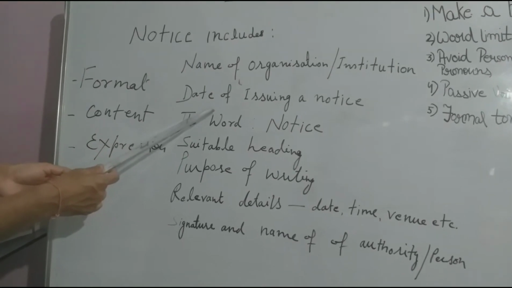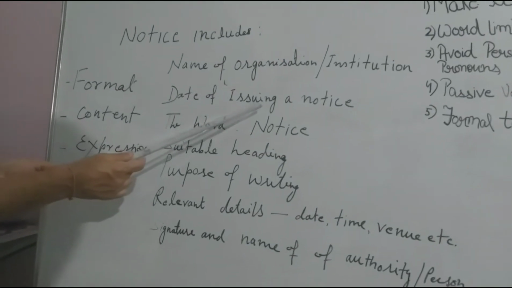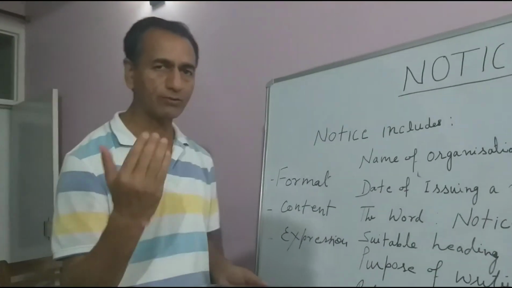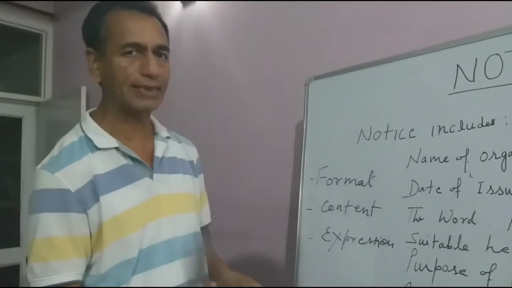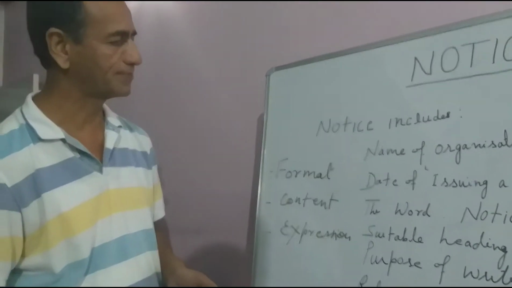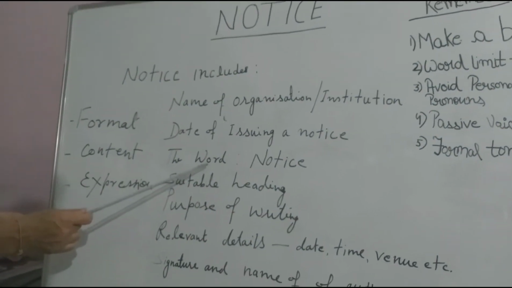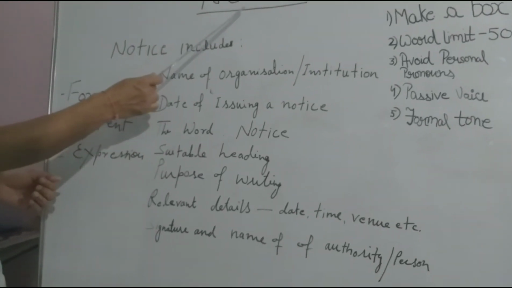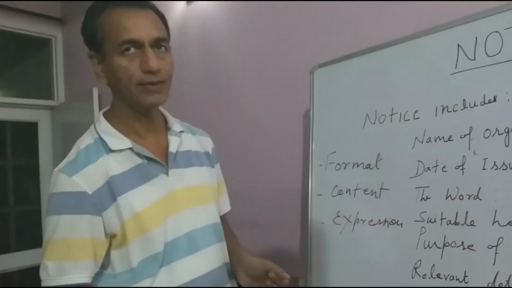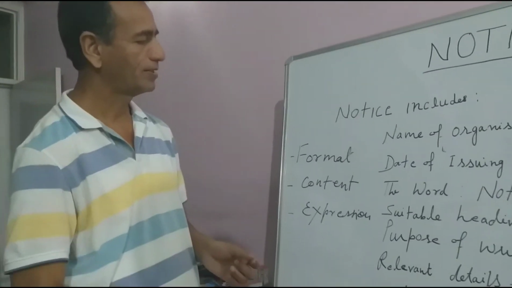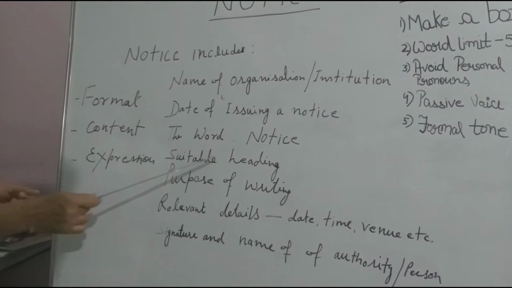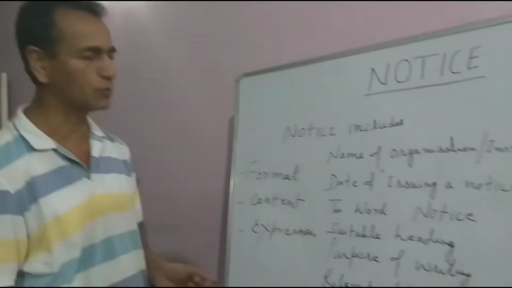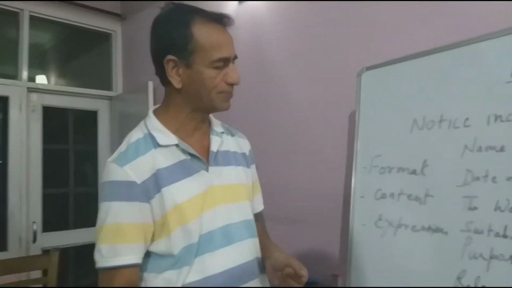Second important point is date of issuing a notice. Means on a particular day a notice is written, so that date has to be mentioned in the notice. And third is the word notice has to be highlighted on the format.